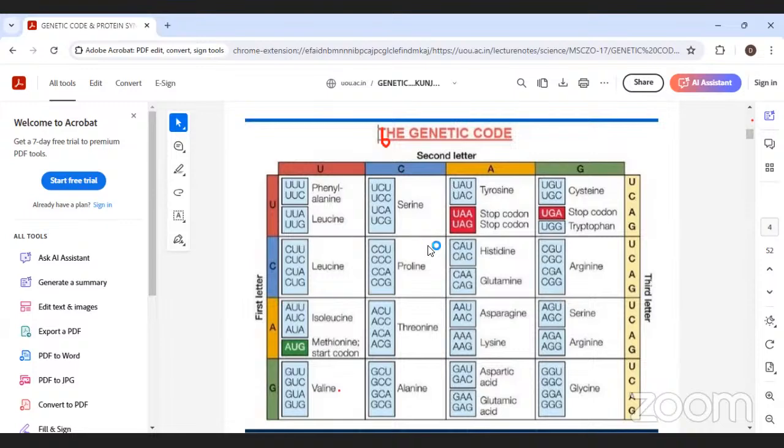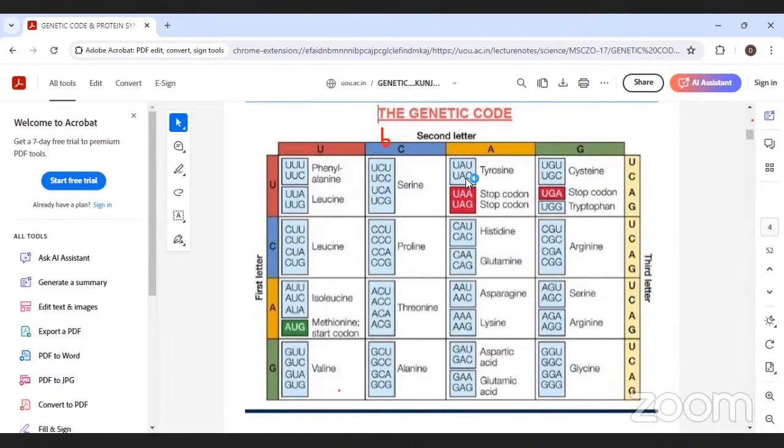The three remaining, what are the three? You can observe the red color here. Out of these 64, 61 triplets specify amino acids.